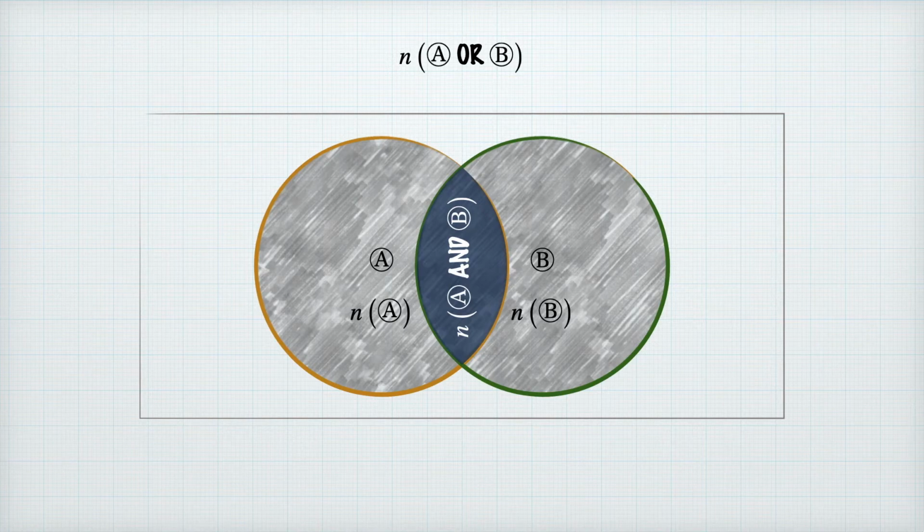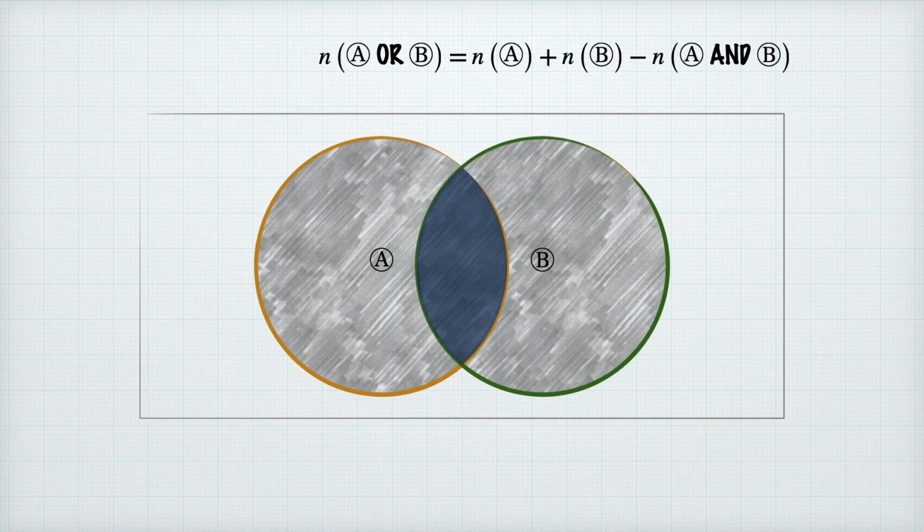In other words, it's going to be n of A and not both A and B, plus n of B and not both A and B, and two copies of n of A and B. So the way we fix that is just subtract one of those two copies. And hey presto, we have n of A plus n of B minus n of A and B is equal to n of A or B. And this is a pretty useful thing to know. It's elementary stuff, but you really should know this.